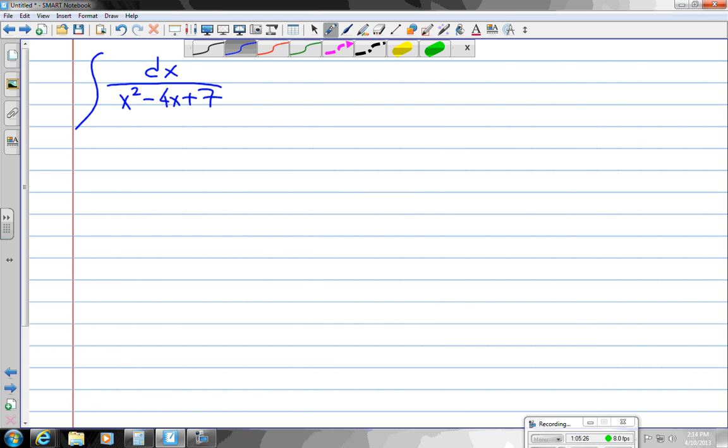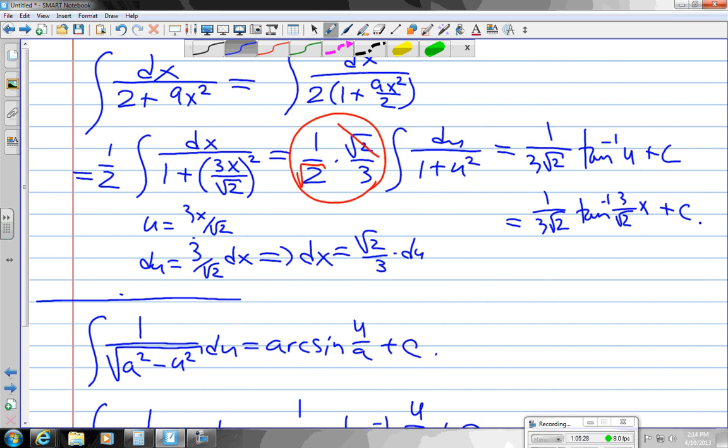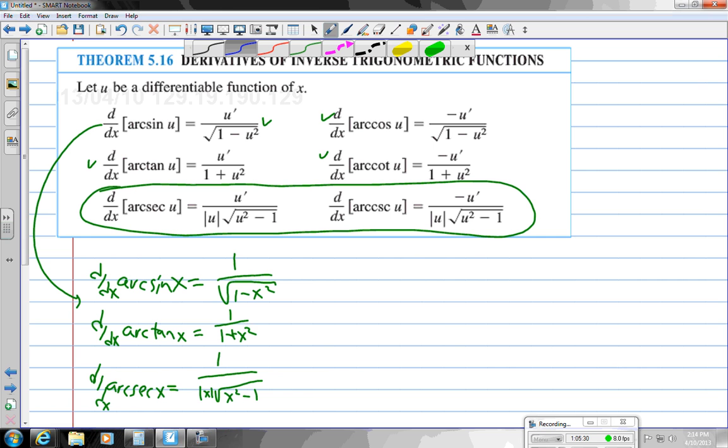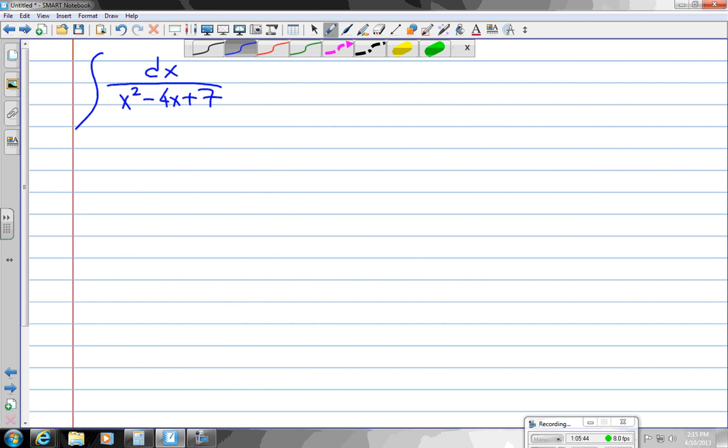So our only hope is to maybe make it look like that, where it has a perfect square plus a constant. Again, that 1 is a constant. So perfect square plus a constant. Well, the way you take a quadratic and turn it into a perfect square plus a constant is by using one of your favorite algebraic techniques called completing the square.